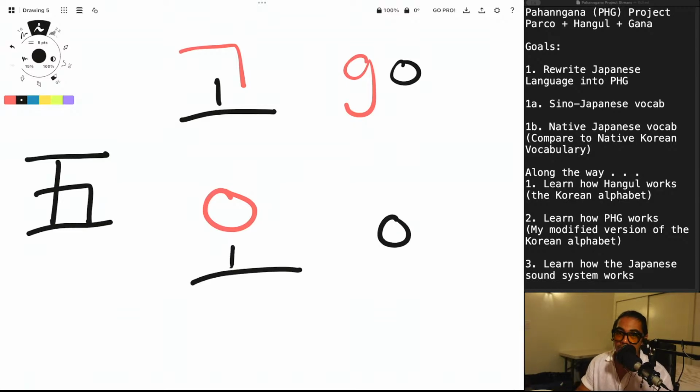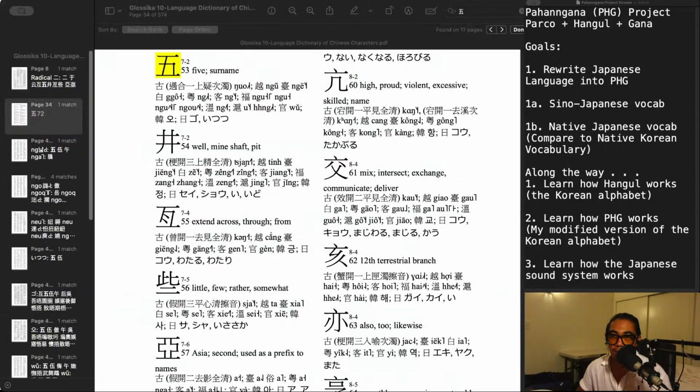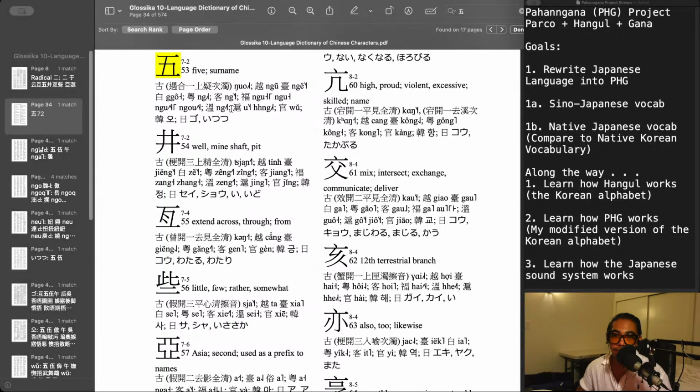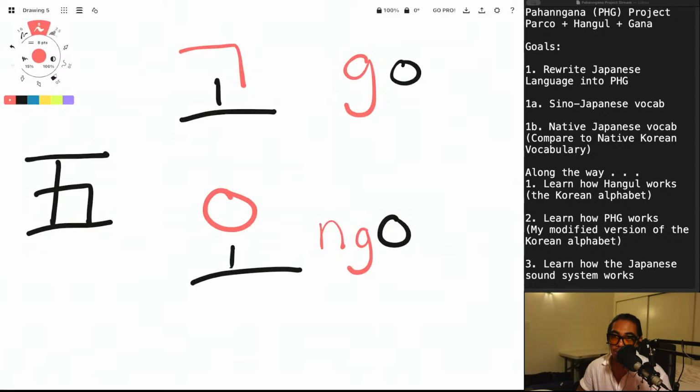But this is very interesting to me, because this actually does kind of the ng here. We have this ngo. If we look at the way that Hangul writes ng, it actually is quite revealing.